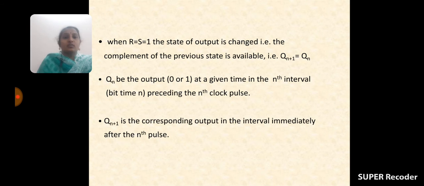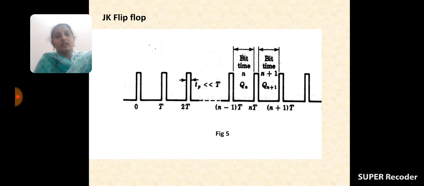See here, Qn is the output at a given time in the nth interval preceding the nth clock pulse, and Qn plus 1 is the corresponding output in the interval immediately after the nth pulse. In JK flip-flop, see here, these are the clock pulses produced after the application of input.